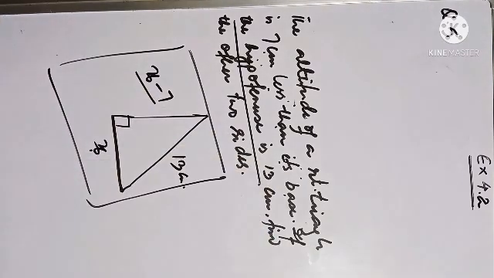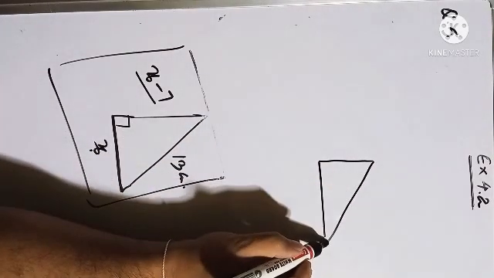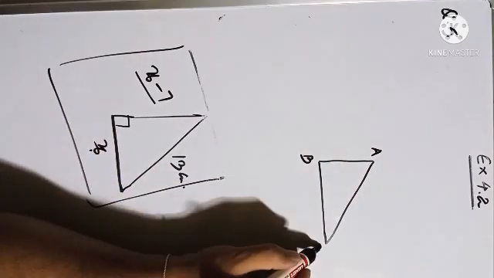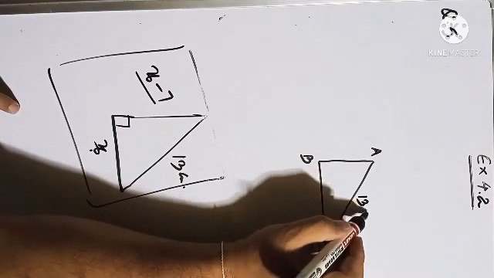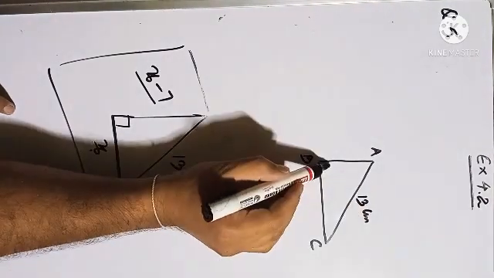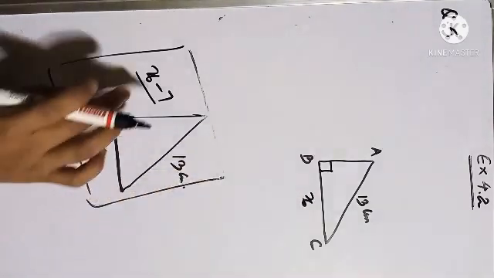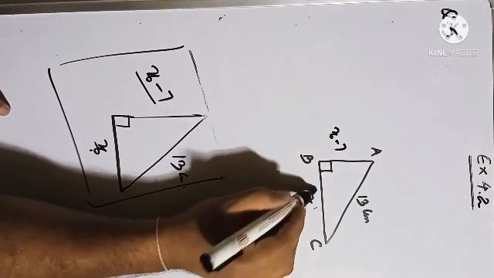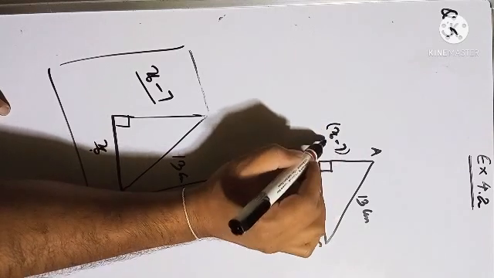Okay, now let me draw. I'll give here A, here B, and here C. Hypotenuse is 13 centimeter, and this is the right angle. Now the base is x, and the altitude is x minus 7 centimeter.